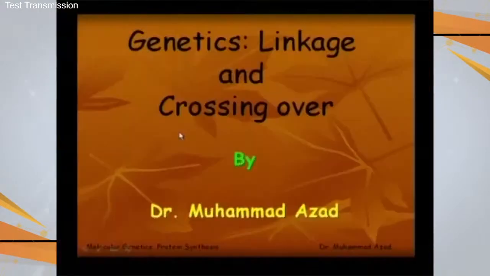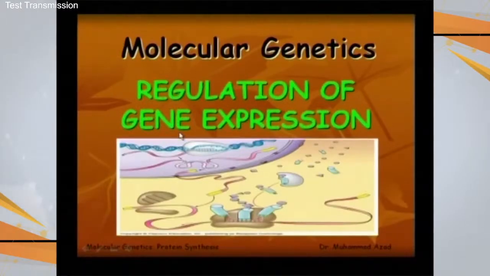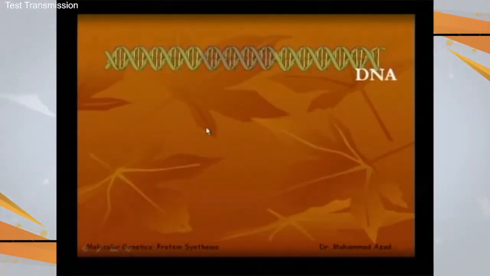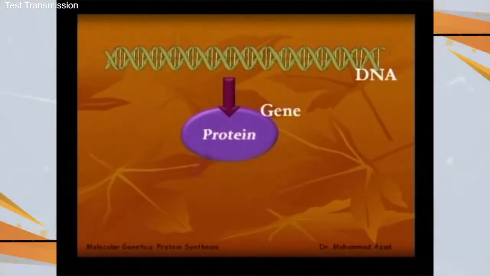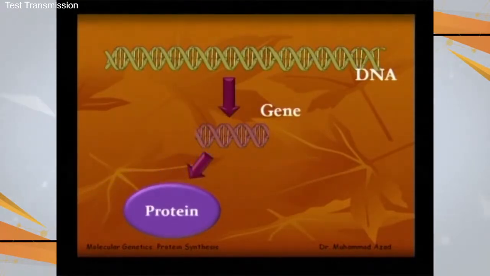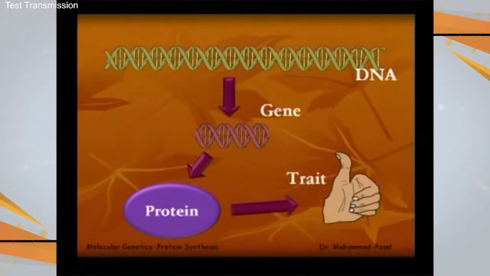So going with our slideshow, this is the continuity of our previous programs, that is genetics, linkage and crossing over, and today's topic belongs to molecular genetics, that is the regulation of gene expression. This is the DNA, which stores all the information in the form of genes. These genes are expressed, switched on, to make specific proteins, and these proteins give us a specific trait.